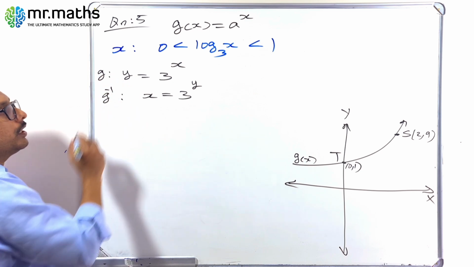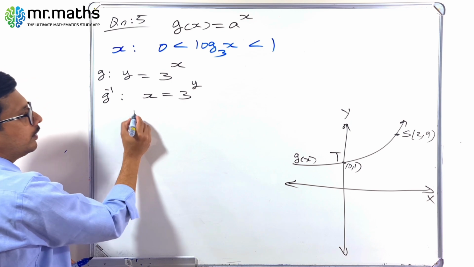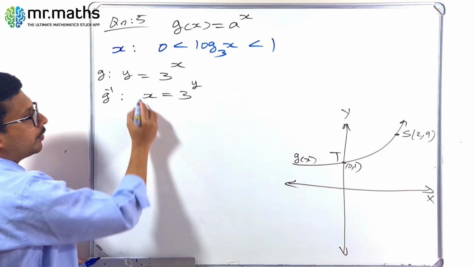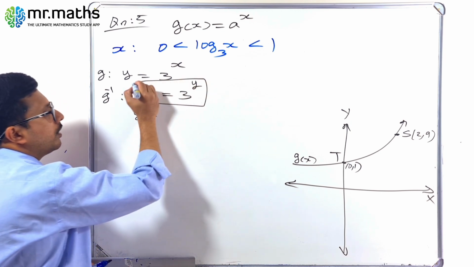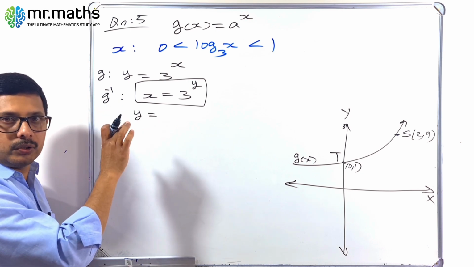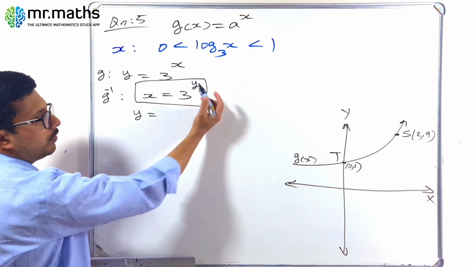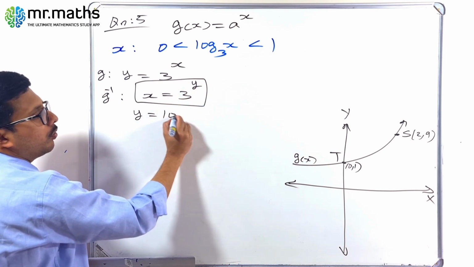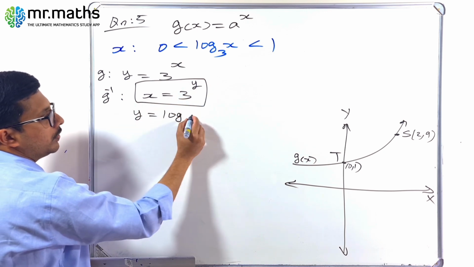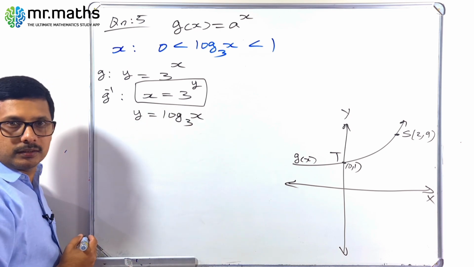This one is g inverse. Then how can I write y from this expression? You studied in the lesson videos. To write y, you have to take the logarithm of x to the base 3.